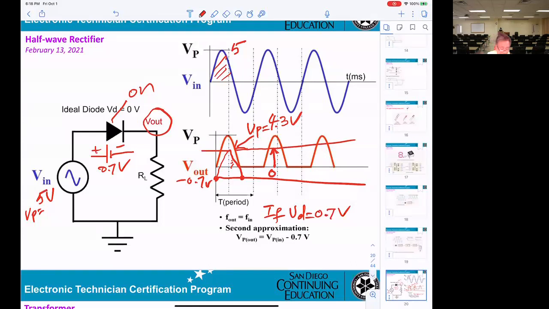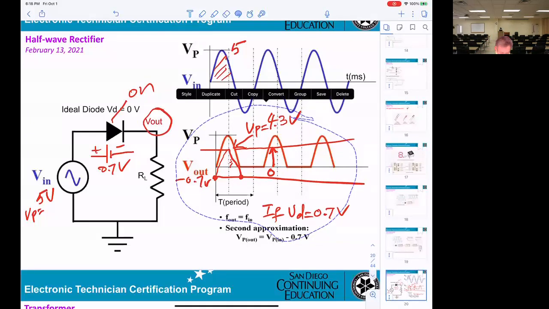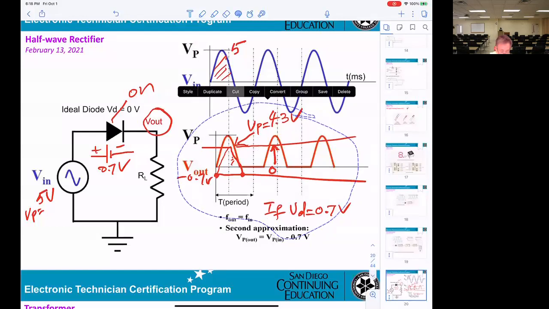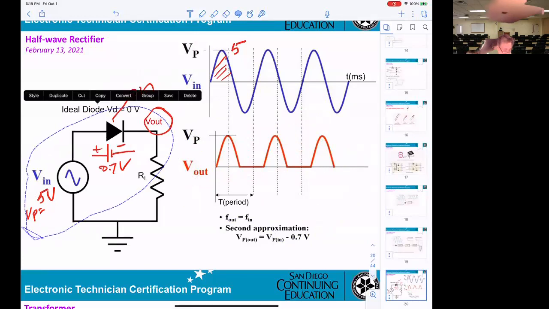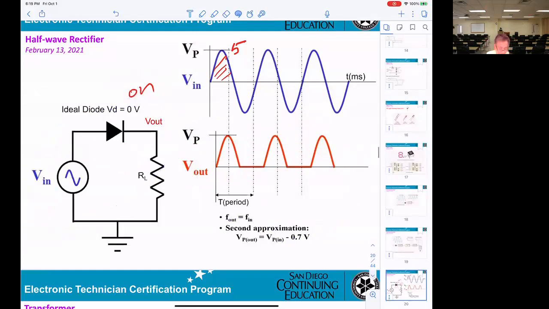Okay. When they draw in here, that means they draw for ideal. That means VD equals 0. Okay. Make sure you understand one, and the next one will be easier.